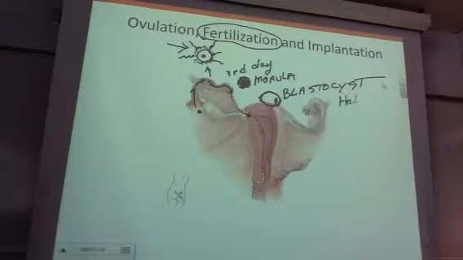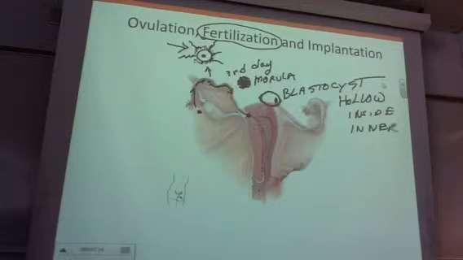And it is hollow, but inside there's a group of cells, 20 to 30 cells, called the inner cell mass inside that. And this is what becomes the embryo.